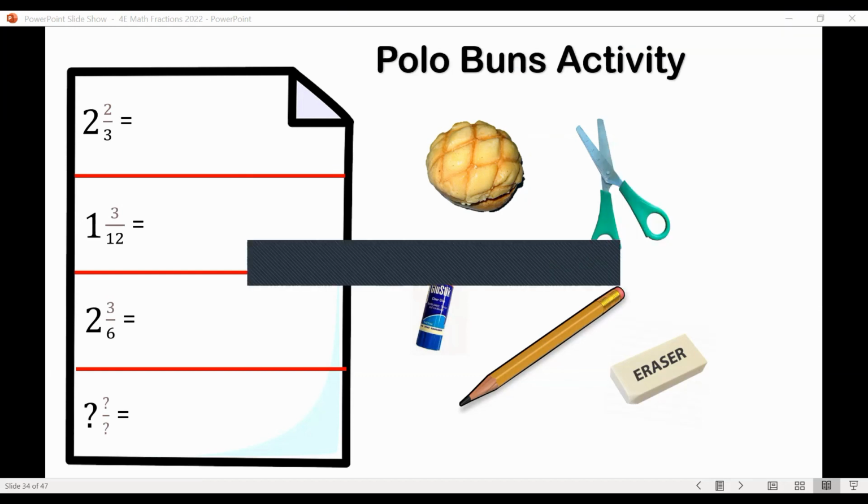Now looking at the polo bun activity, I'm sure you had some fun.